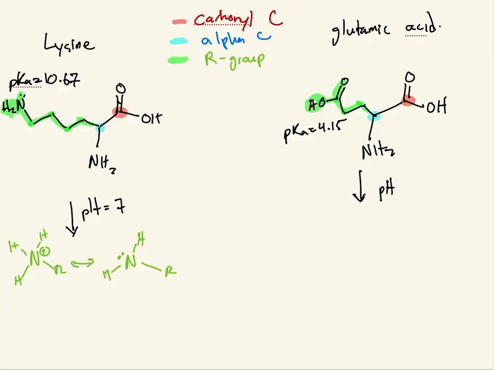And so the pKa value, how does it compare to the pH of the solution? pKa is greater than the pH, which means what? Which version are we going to favor? The protonated version, right? So pKa is greater, that means the protonated version is what we favor there.